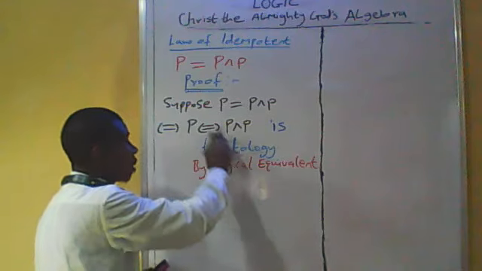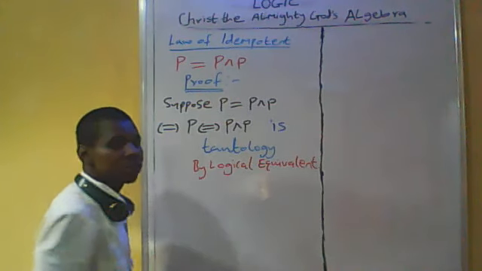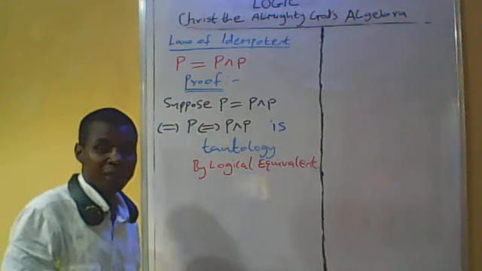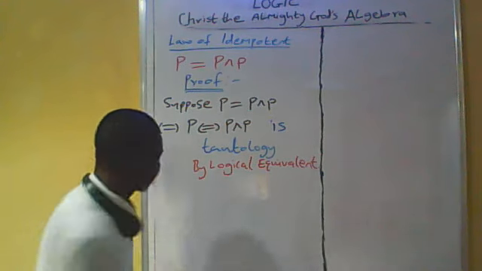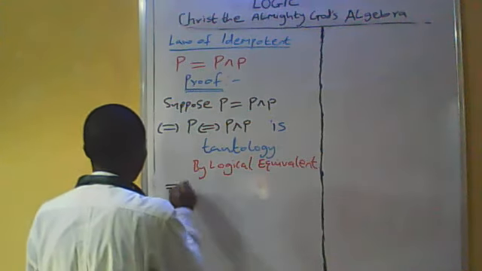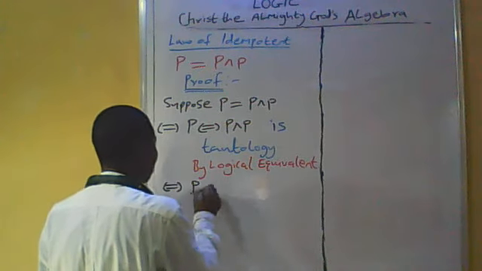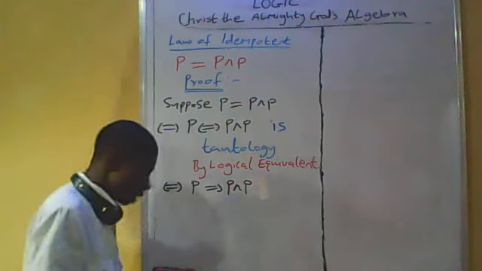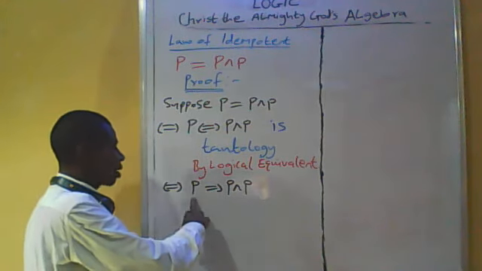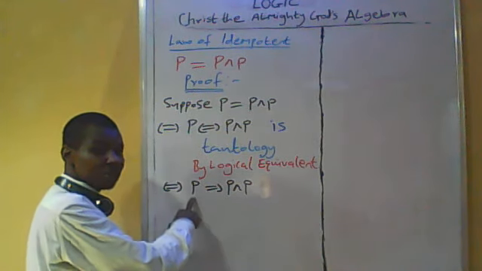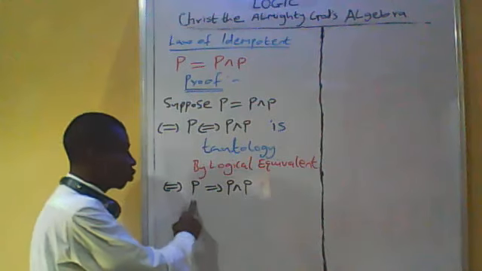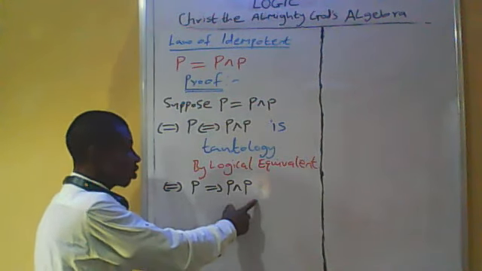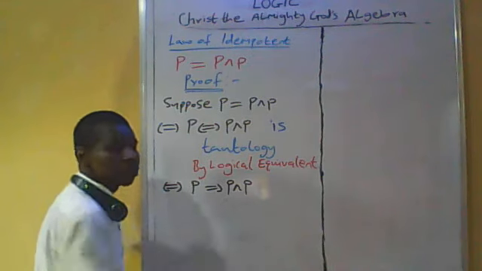we are going to transform it to conditional statement and we shall still preserve tautology. P implies P and the P. We found out that whenever this P that is antecedent is true, also P and the P, which is the consequent, must also be true.